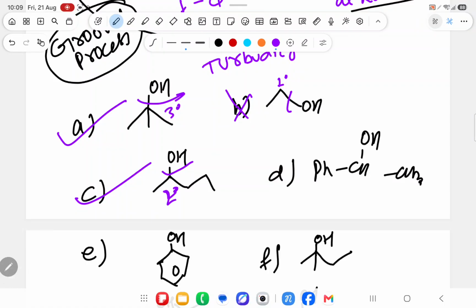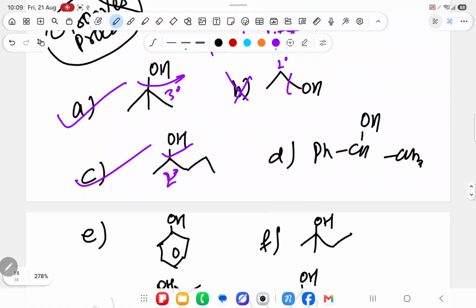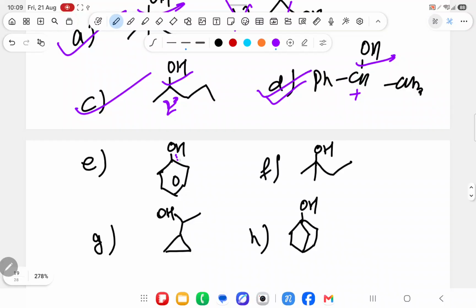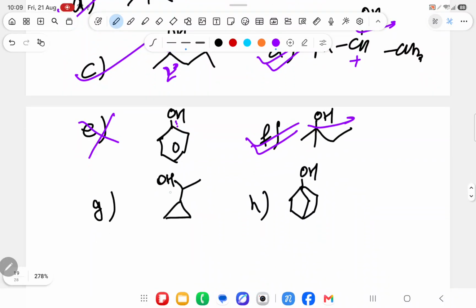So 1 will give, 2 will give. It will also give turbidity because it is resonance stabilized. This one, no, partial double bond. This one, yes, it will give turbidity. Over here, this one, yes, it will give, why? Dancing resonance. I have dictated you dancing resonance in GOC. Yes, it will give.